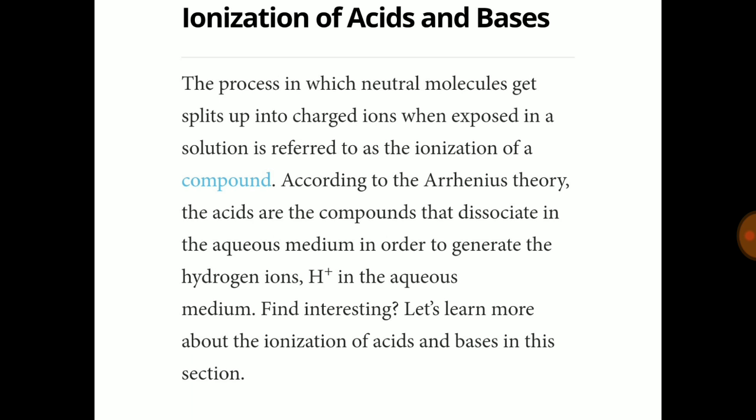Ionization of acids and bases. The process in which a neutral molecule splits into charged ions when exposed in a solution is referred to as the ionization of a compound, or simply a process where a molecule splits into charged bodies is called ionization of a compound.